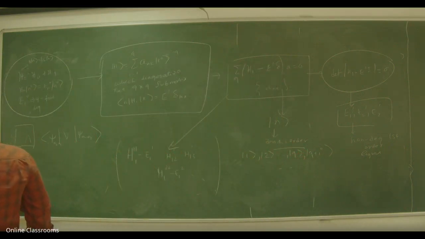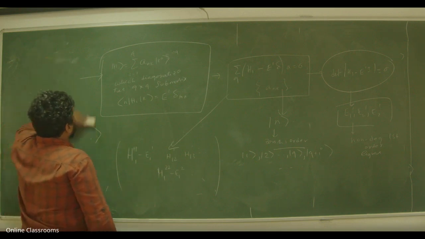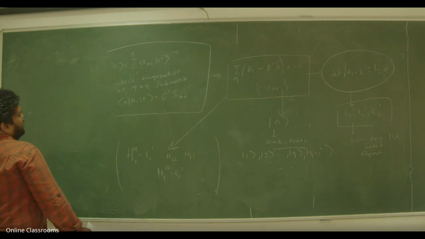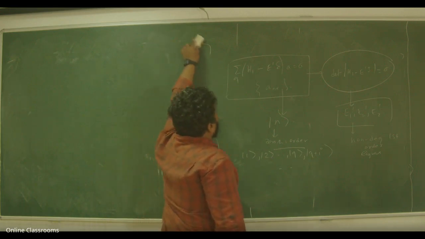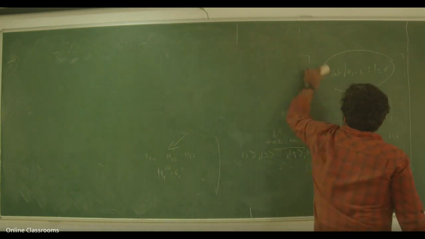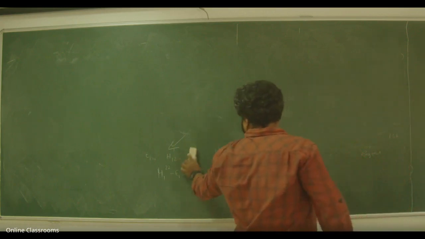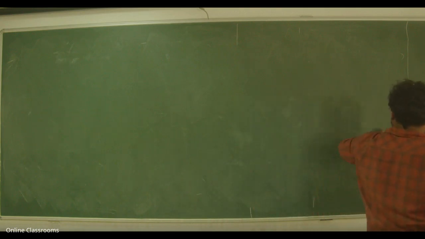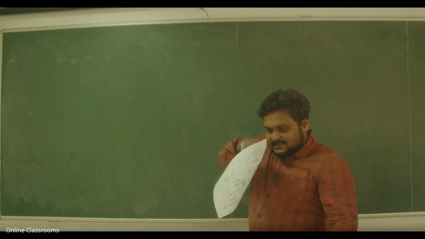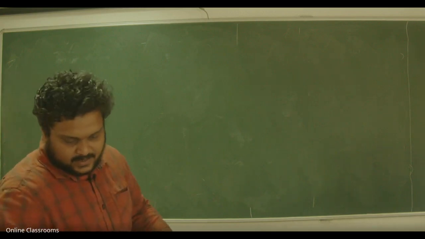So now I will give an outline of what we'll do next. Everything I said so far is for the ground state. Okay. Now we have to do a little more work and see what I can do if it is in some random excited state in the middle of the spectrum, which is the case in most problems. It's a very simple idea, but it becomes a little cumbersome when I actually do this.